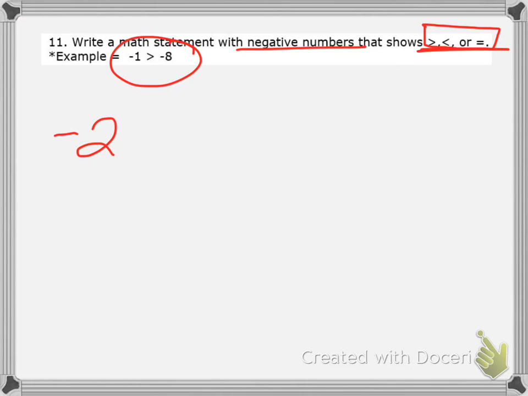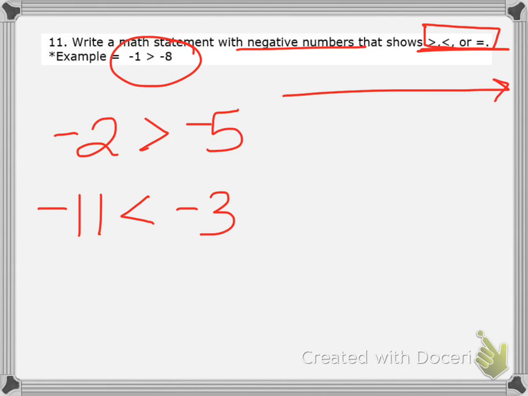So -2 is greater than -5. -11 is less than -3. Remember, use that number line. If you're moving to the left on the number line, you are getting less value. So that's kind of how we did this here.